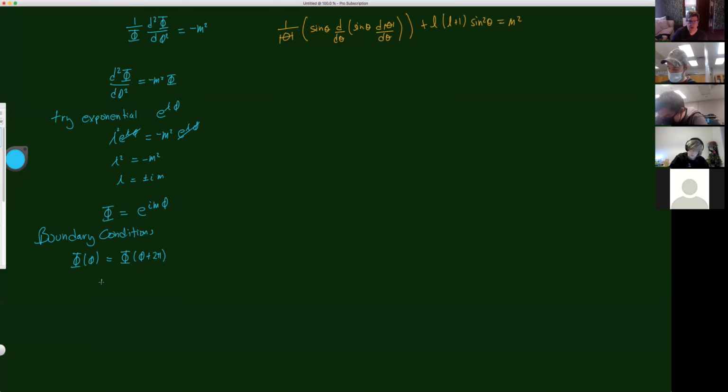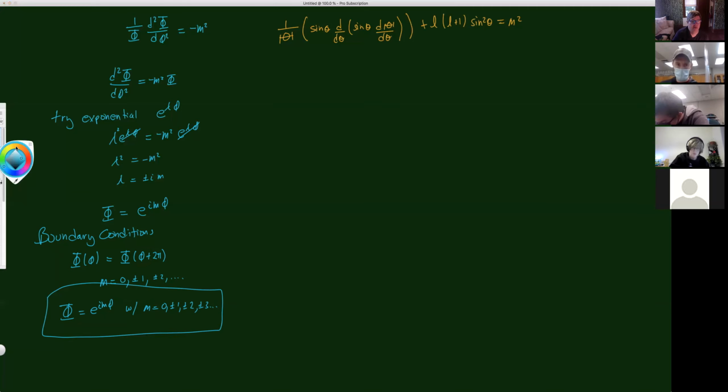So m can be 0, plus or minus 1, plus or minus 2, and so on. So not too hard. We now have a solution for big phi.